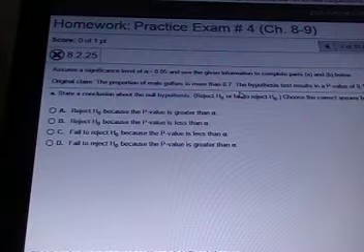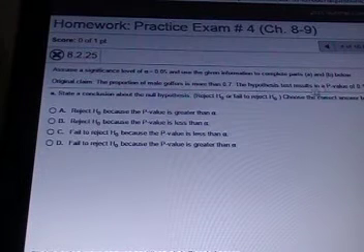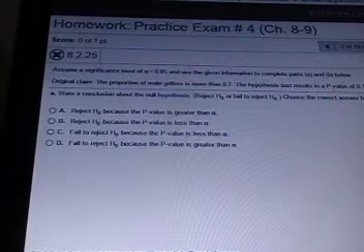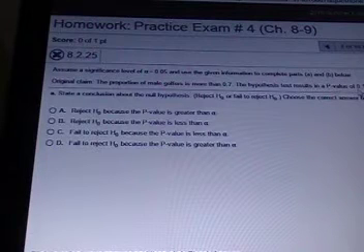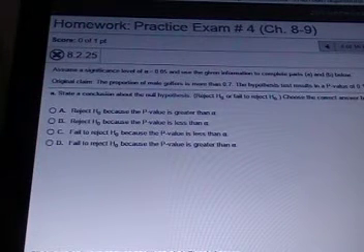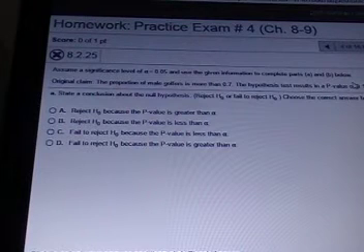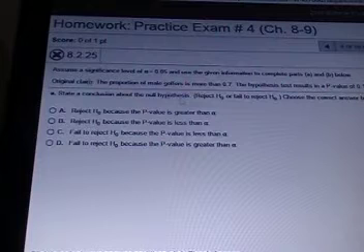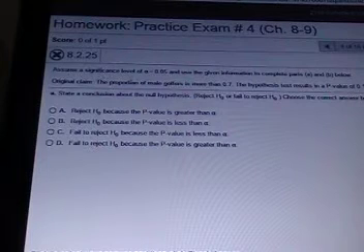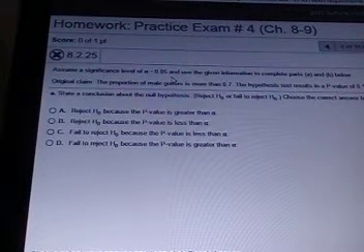So then the calculations are done and we get something called a p-value, and it comes out to 0.173. What you do is compare your p-value to the significance level given in the problem, alpha. Alpha is 0.05.